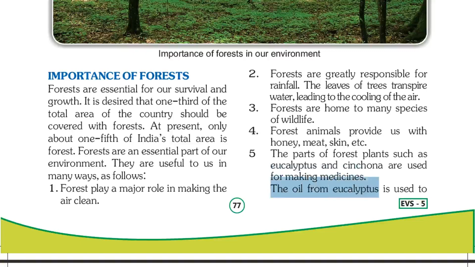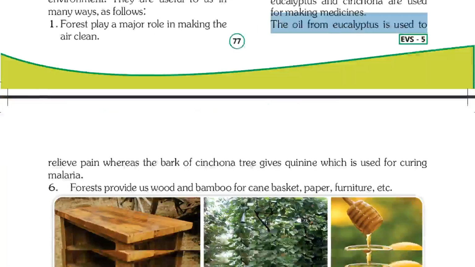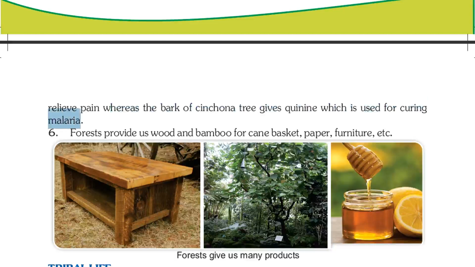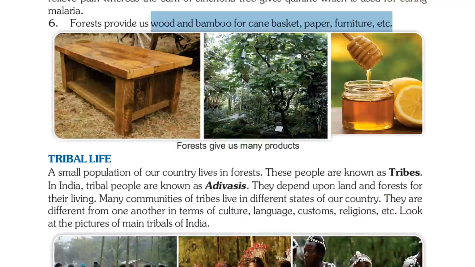The oil from eucalyptus is used to relieve pain, whereas the bark of cinchona tree gives quinine, which is used for curing malaria. Number 6, forests provide us wood and bamboo for cane baskets, paper, furniture, etc.